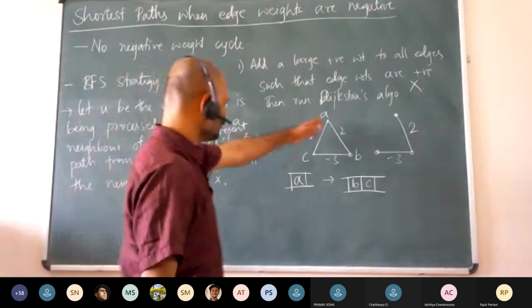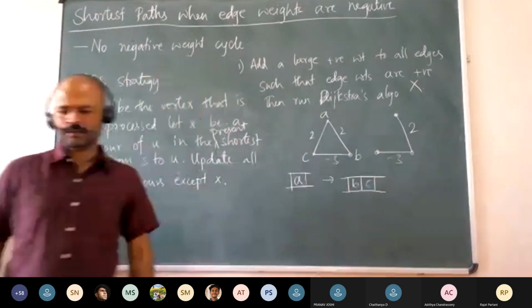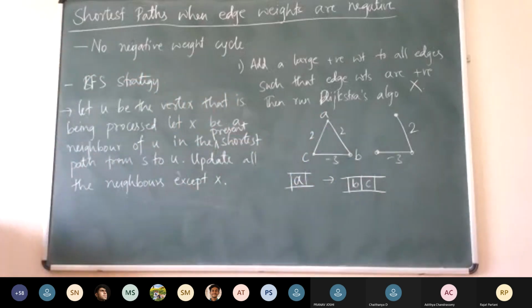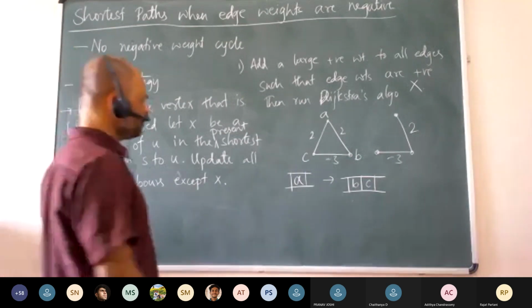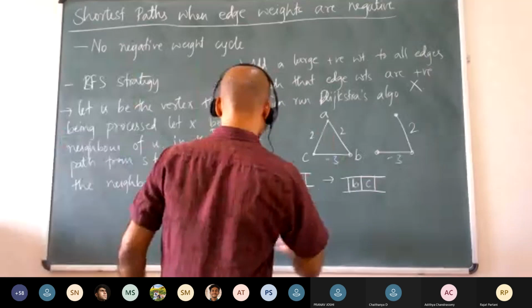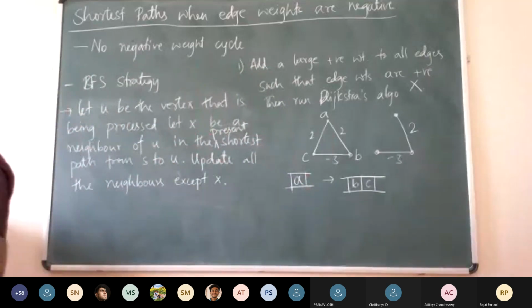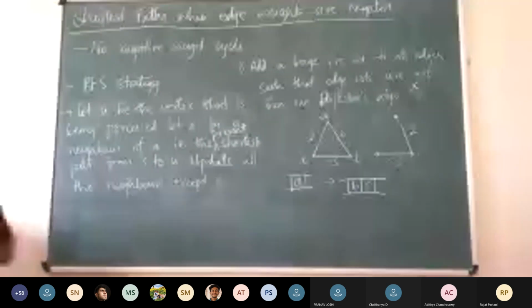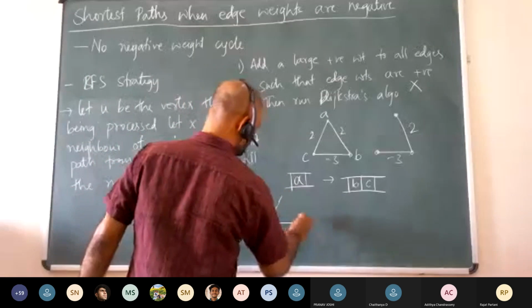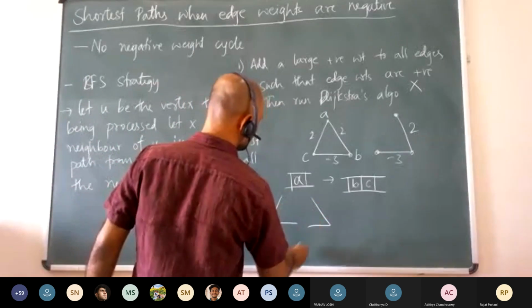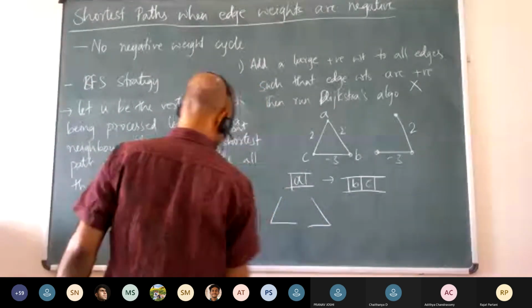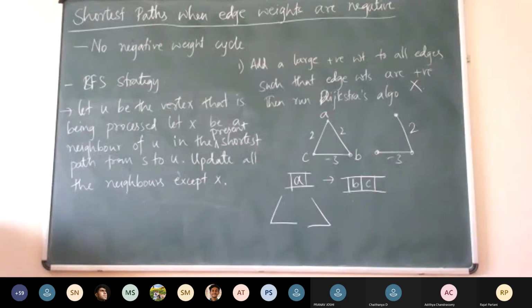For example, here, the shortest paths are basically ACB and BC, ABC and ACB, right? So this doesn't work out. The A to B path there is not the shortest. That itself is not true.